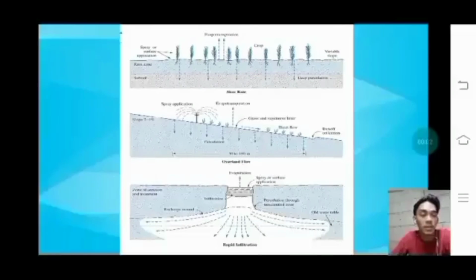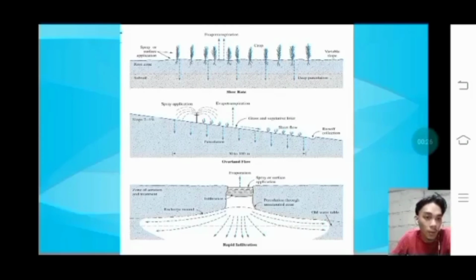So this is the image of the three basic approaches of land treatment. In here, the first one is the slow rate. As you can see here, it is all level and the application of chemicals and other substances is just in the root zone to the subsoil.